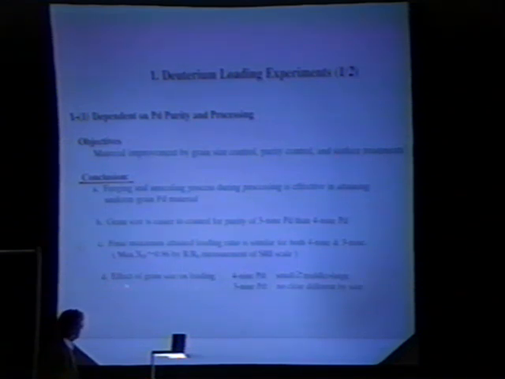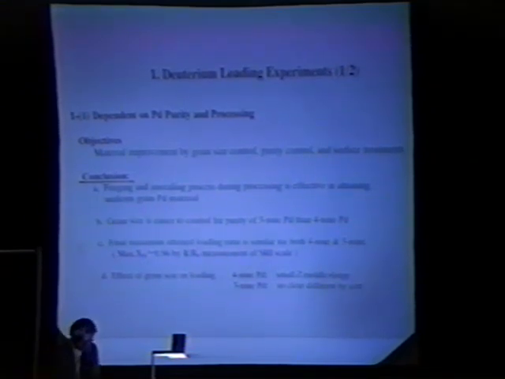Regarding the effect of grain size on loading, for the 49 palladium, smaller grain size is better than the large. And for 39 palladium, there is no clear difference by size, but middle size is better than other sizes.